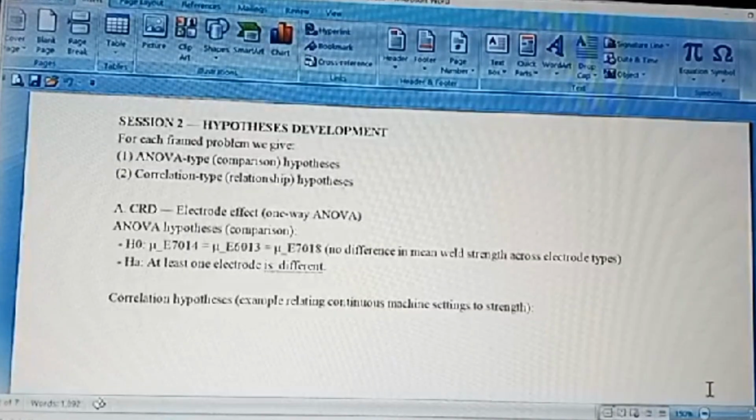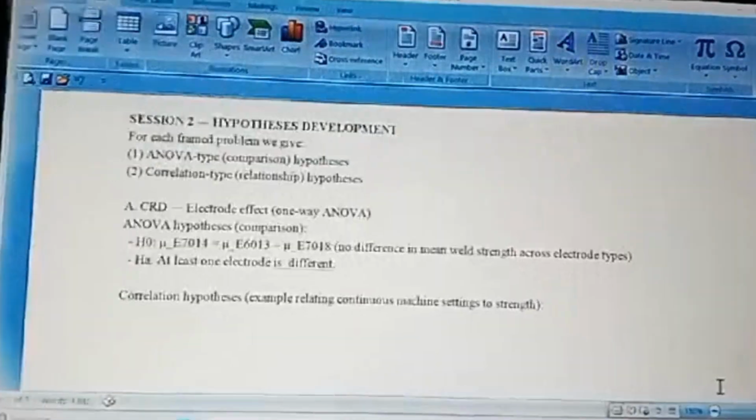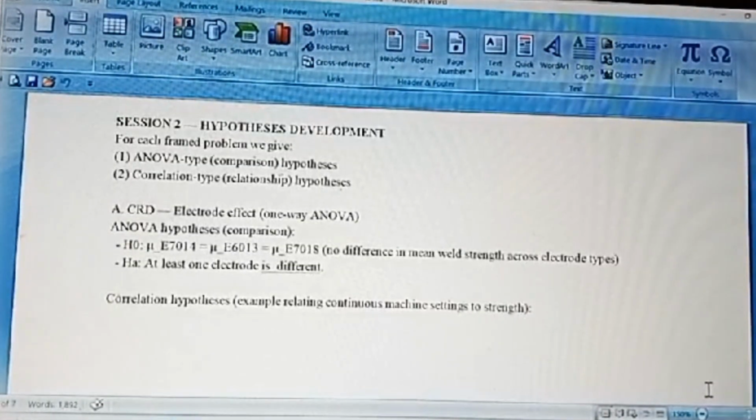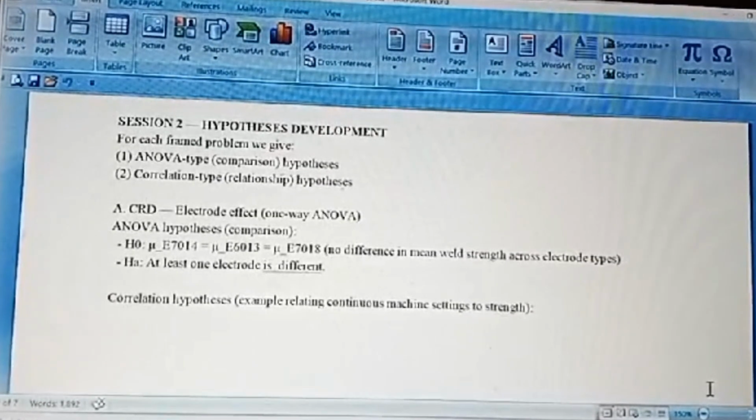H0: mu E7014 equals mu E6013 equals mu E7018. No difference in mean weld strength across electrode types. HA: at least one electrode is different.